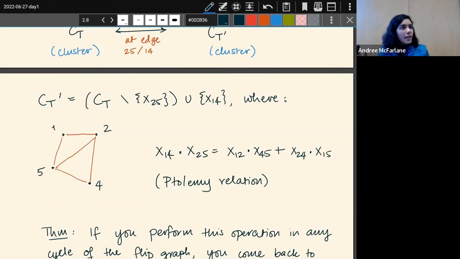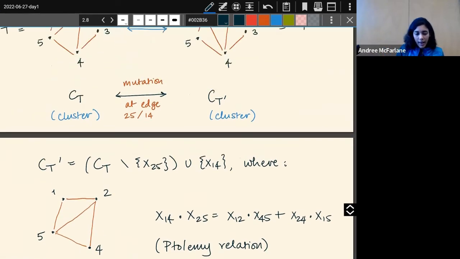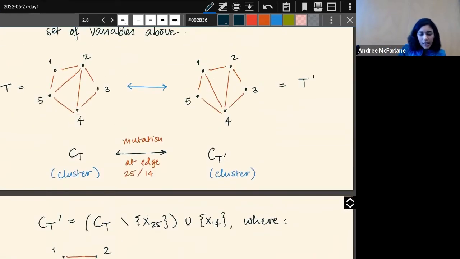It need not always be. There's often a quiver in the background that specifies the mutation rule, and then you can start off with your cluster. You can mutate. You get another cluster. You keep doing this, and you look at the algebra that's generated by all of the variables that you get in all of your clusters, and that forms a cluster algebra.